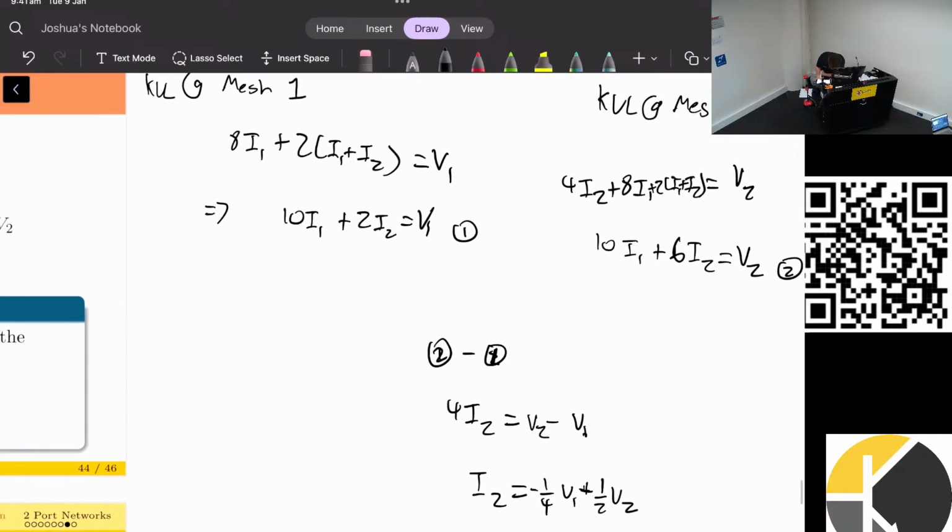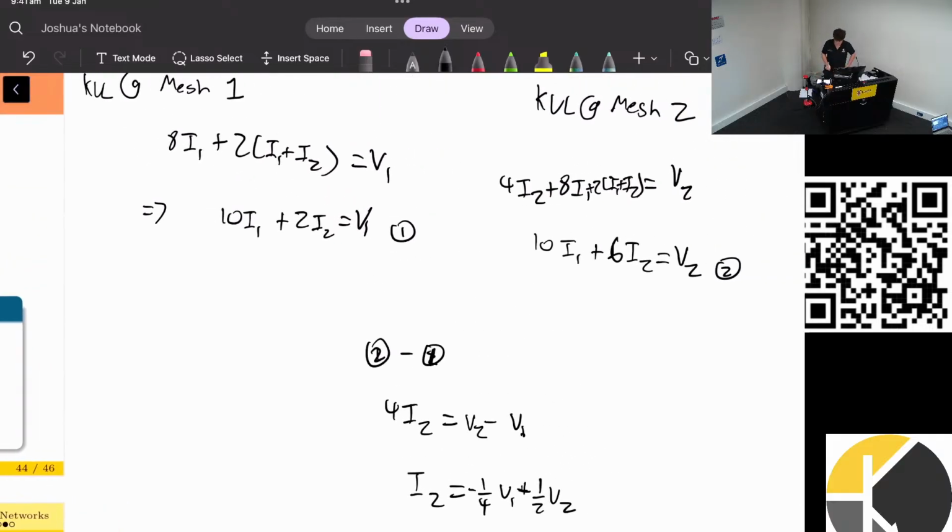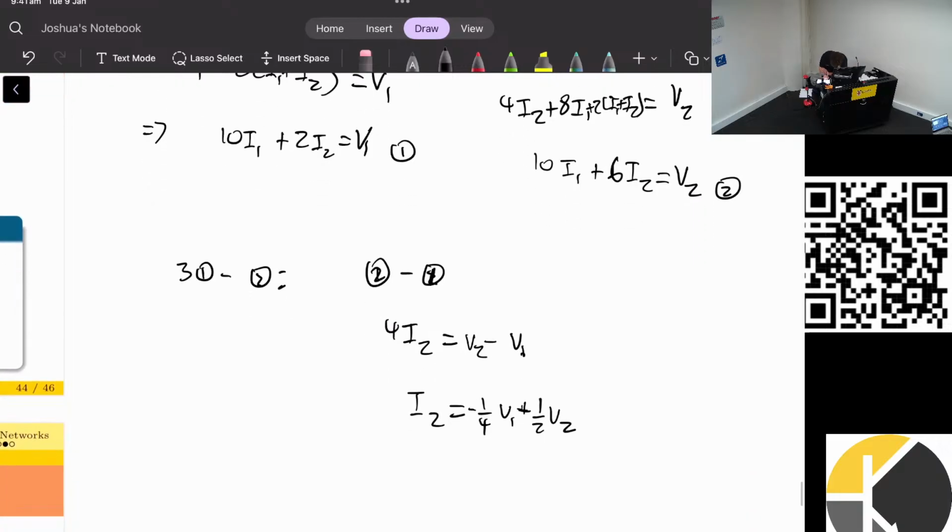Okay, the other thing we're going to do is one more combining of the equations, like elimination. Do you want to guess what I'm going to do? I'm going to do 3 times equation 1 minus equation 2. The reason is that it gives 30i1 minus 10i1, so that's 20i1, equals 3v1 minus v2.